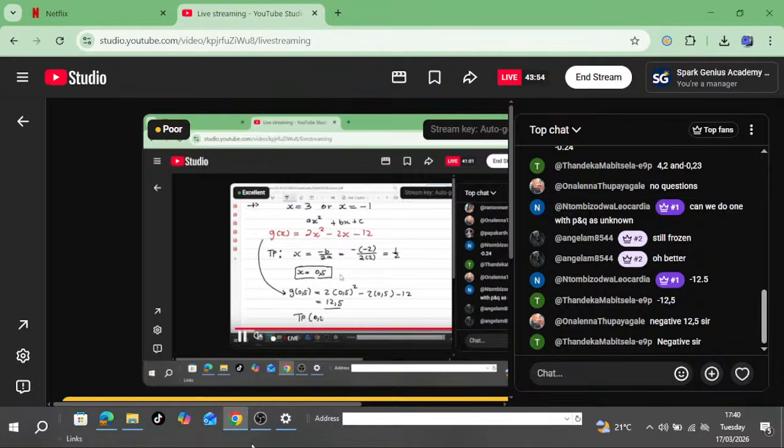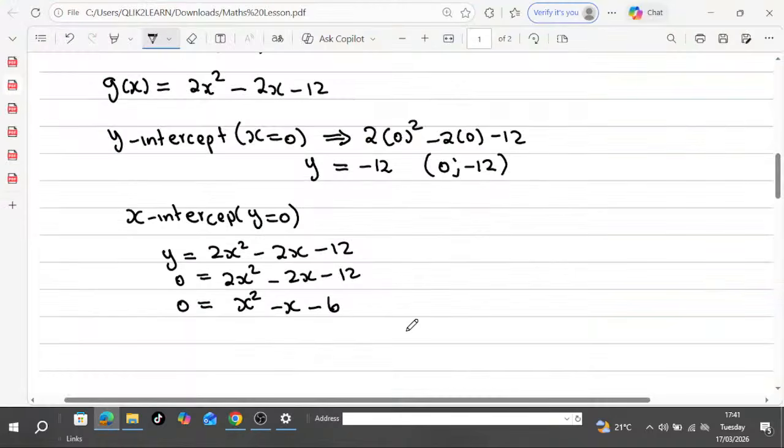Okay, so now when it's like this, we can factorize. I think it's going to be easy to factorize. We can open the brackets and equate this to 0. This will be my x, this will be my x. The factors of 6 that when we add or subtract give us the middle term of 1 are just 3 and 2.